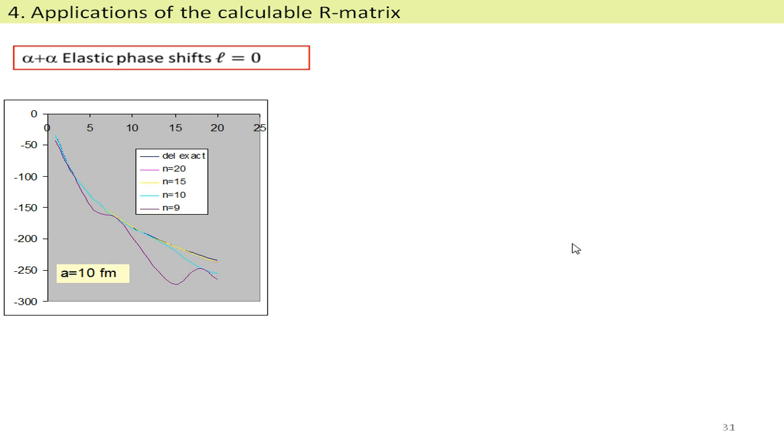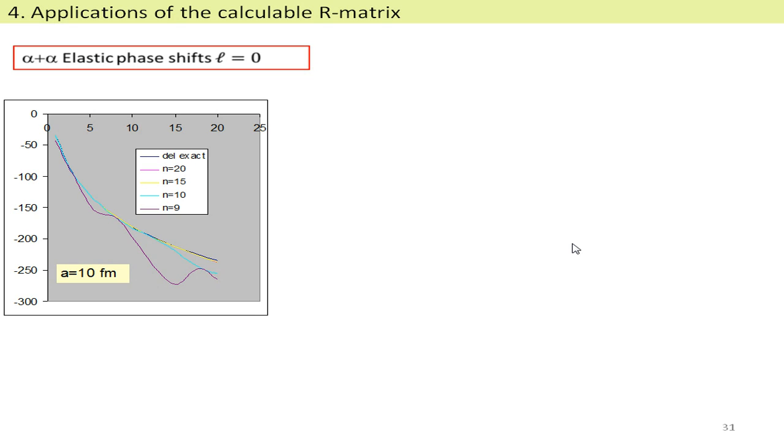Okay, so this is the alpha-alpha phase shift for L equals 0. Here I don't really care about experiment. This is just a numerical example. I just want to compare the calculation in different conditions. So I will not show any experimental results here.